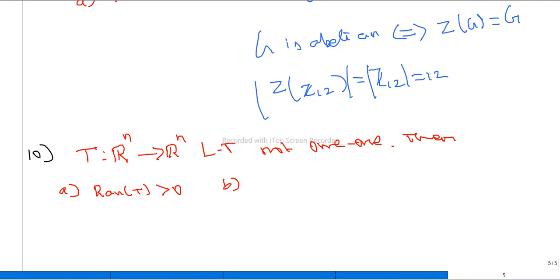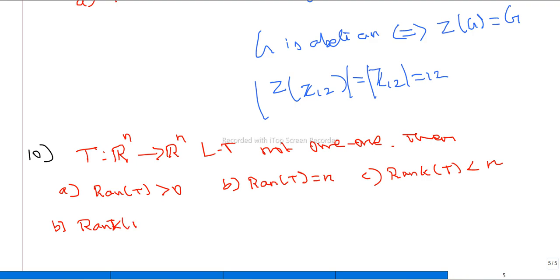Second option, rank of T equal to n. And then C, rank of T is less than n. So rank of T is nothing but the dimension of the range space, strictly less than n. And then the last option, rank of T should equal n minus 1.